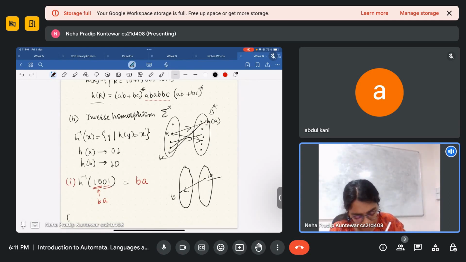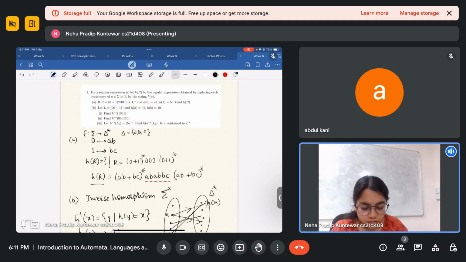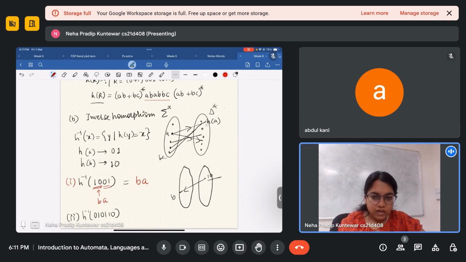Then let's look at the second part, which is H inverse of 0 1 0 1 1 0. Maybe you would like to take some time and think about it, I'll wait, and you can let me know your answer.